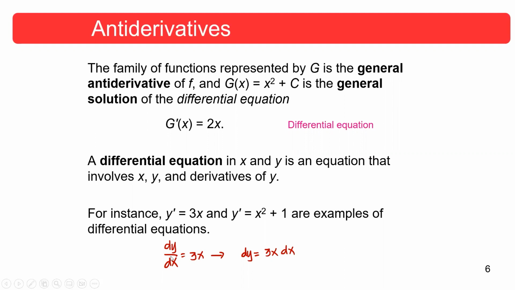So you're basically differentiating with respect to x here. That's why a differential equation in x and y is an equation that involves x and y and then the derivatives of y, some form of equation that contains either x or y or a combination of both.